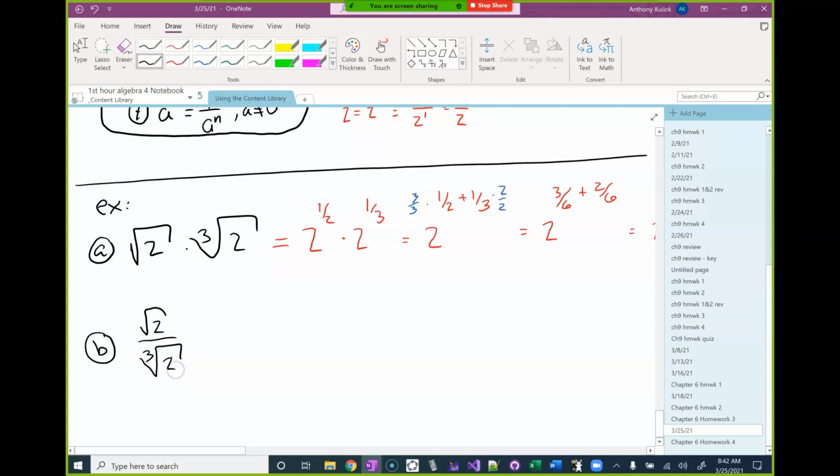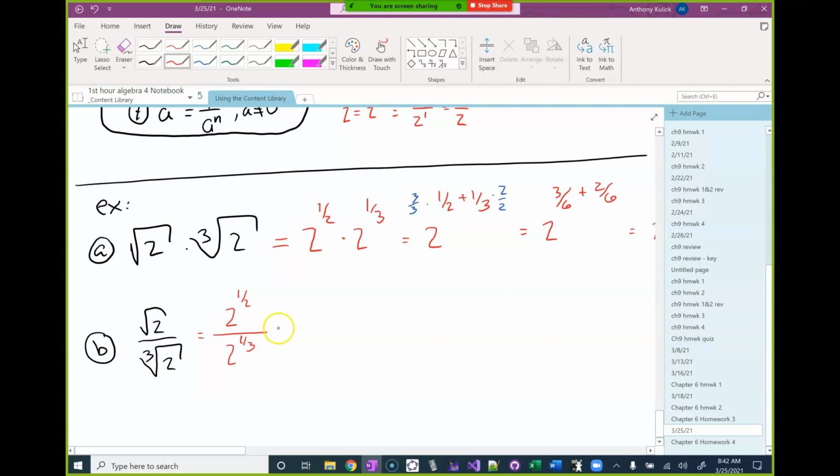So let's say we have the square root of 2 divided by the cube root of 2. So my first step would be to rewrite these using rational exponents. So that's 2 to the 1/2 over 2 to the 1/3. Everybody's okay there? Using property 4, I would subtract these exponents.